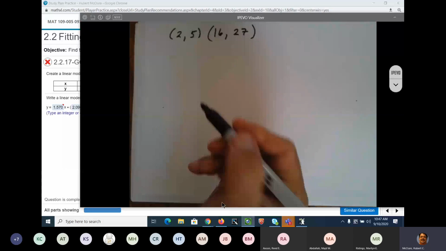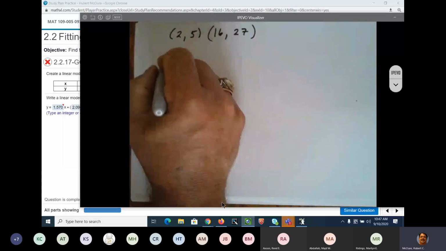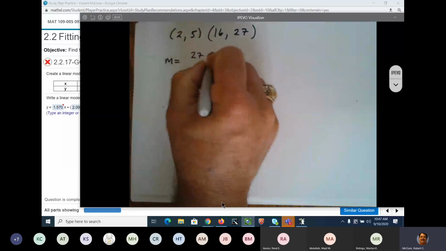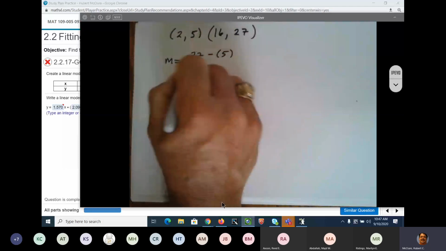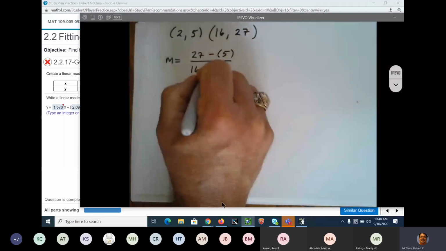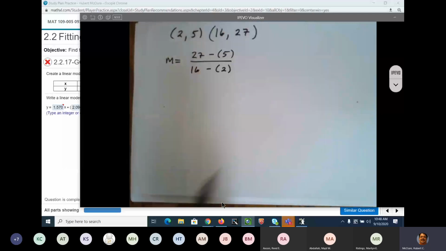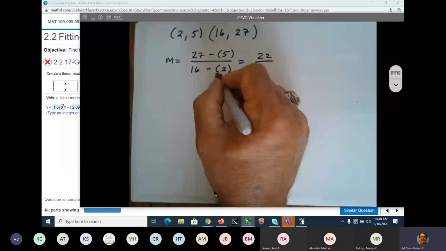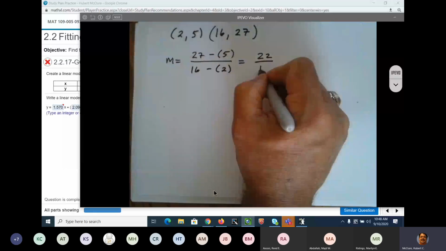And that's going to be m is equal to 27 minus 5 over 16 minus 2. This is kind of like the old way of doing it, using the first and the last point. And that's going to be 27 minus 5 is 22, and 16 minus 2 is 14.